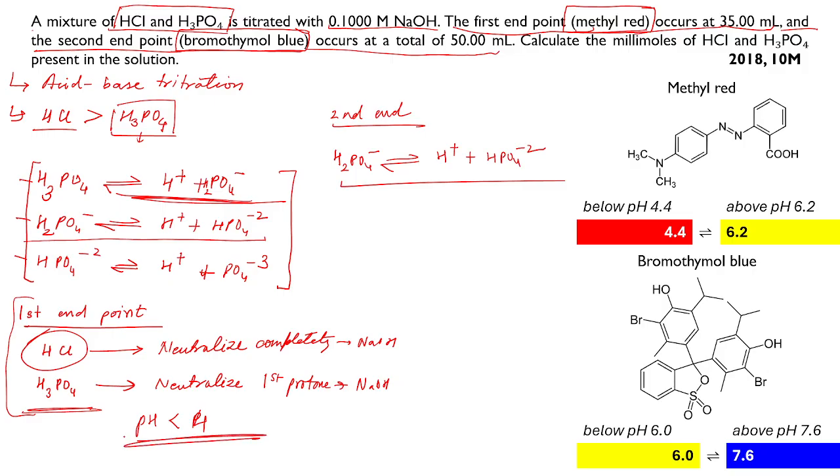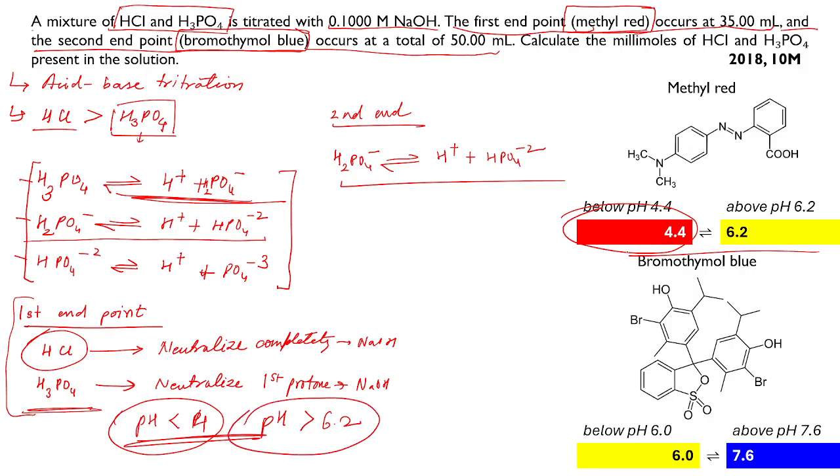Below 4 the methyl red is going to give you a red color, but once this neutralization takes place the pH is going to increase and become greater than 6.2. So at this point the red color of methyl red is going to change into yellow. This is the indication that your HCl and the first proton of H₃PO₄ are completely neutralized.